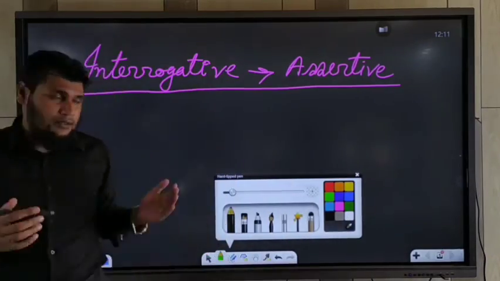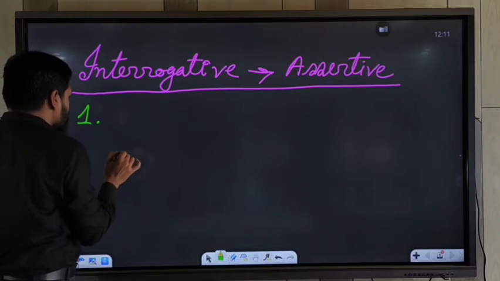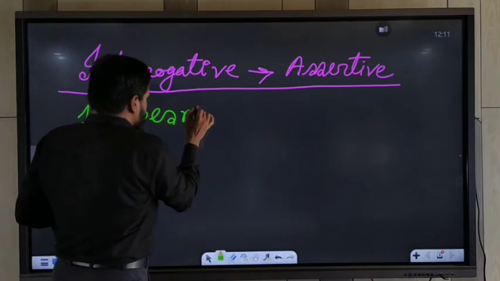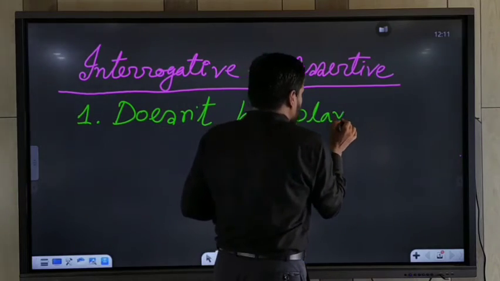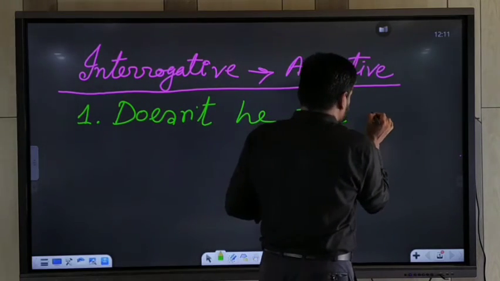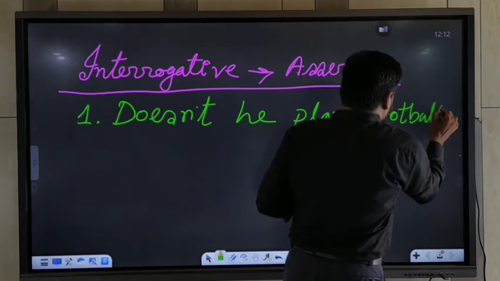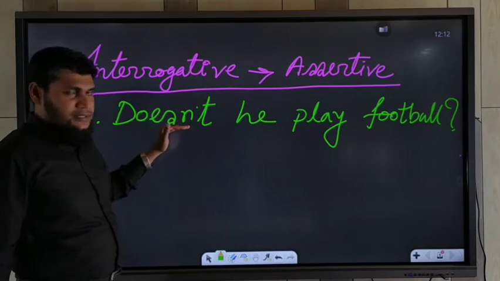So like assertive to interrogative, you should use them. Doesn't he play football? The sentence is an interrogative sentence.